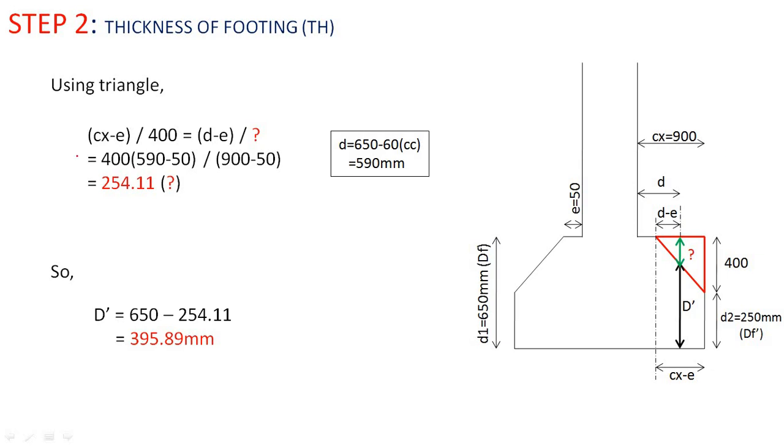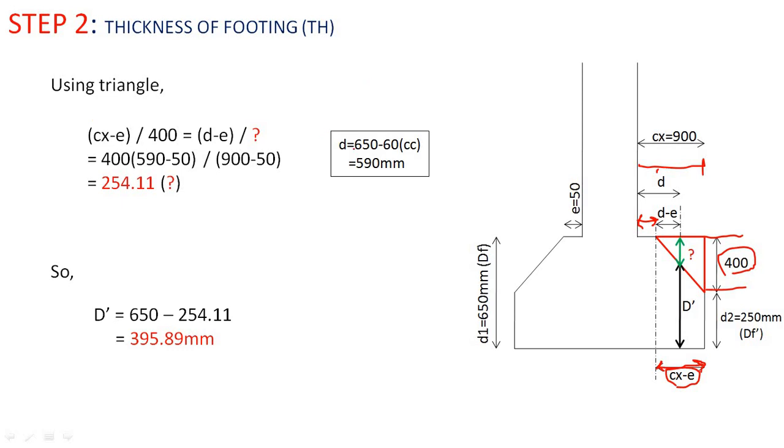So from this triangle, the horizontal length of this triangle will be cx, which is the overall distance from here to here, cx minus e, which is the offset. So we can deduct this offset of 50 mm. So I have done cx minus e. So this is the distance by 400.